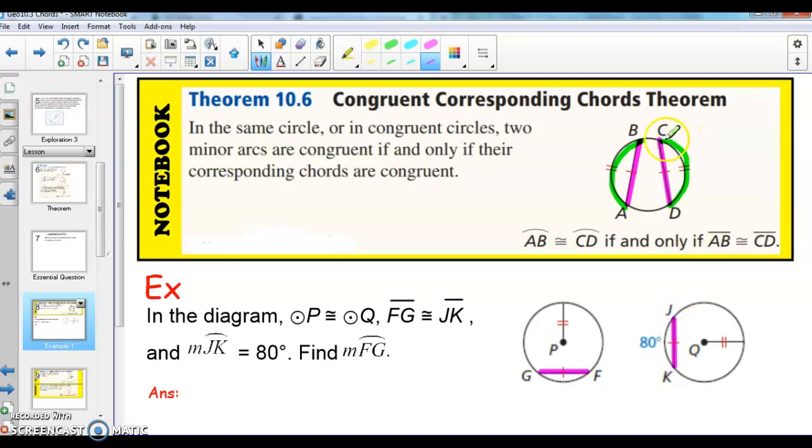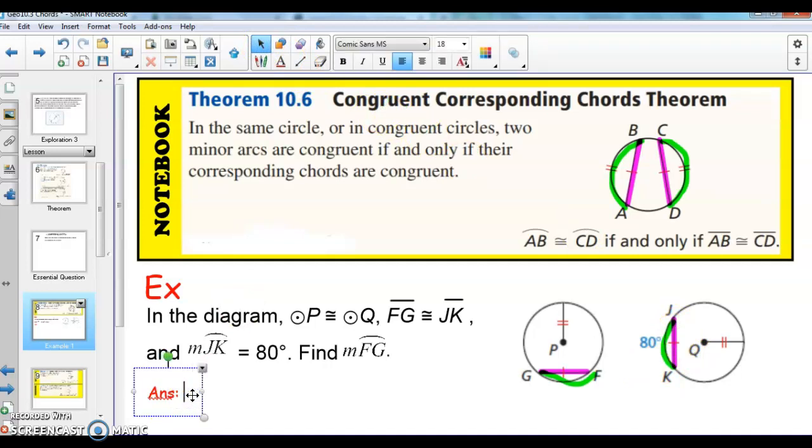Now we said earlier that the corresponding minor arcs are also congruent. So that means if arc JK in the first circle is equal to 80 degrees, minor arc GF from the other circle must also be congruent to JK. So that means our answer must be 80 degrees.